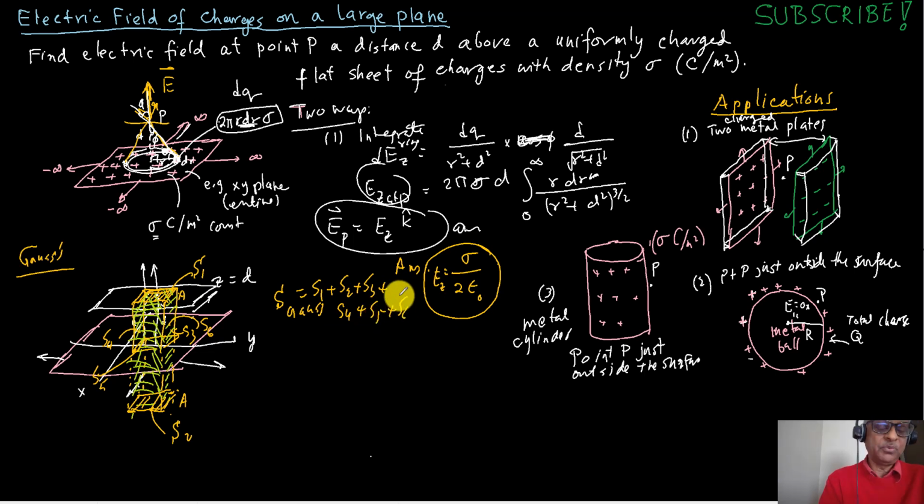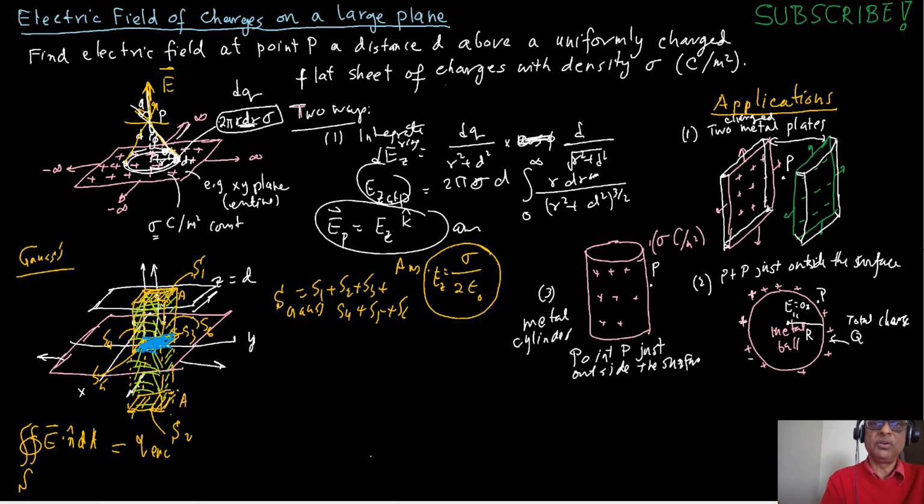Now, in Gauss's law, if you remember, on a closed surface S, the integral of E dot n hat dA is equal to how much charge was enclosed. The charge only resides on this area, and this area is inside the box.